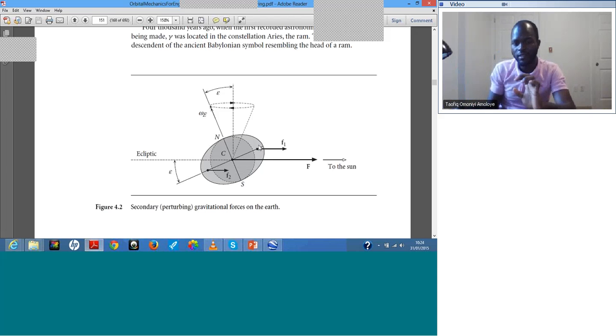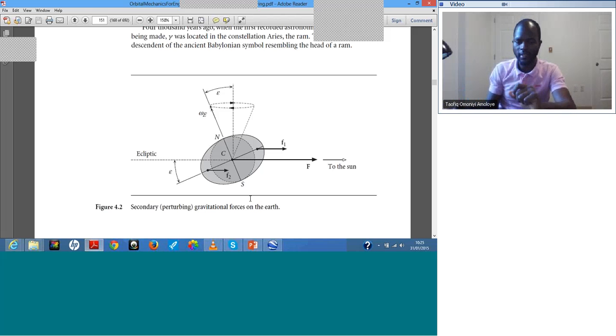That means this portion of mass is going to be experiencing, on a local level, a much stronger gravitational pull from the Sun, because of course we know that the gravitational force of attraction is inversely proportional to the square of the distance apart, so that when the distance apart is small, then the force of attraction is greater.